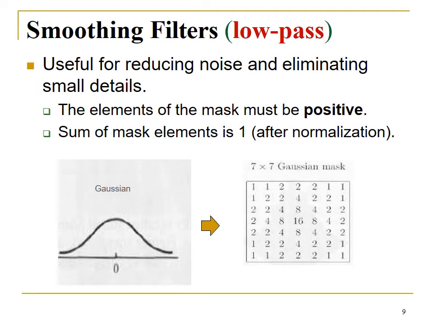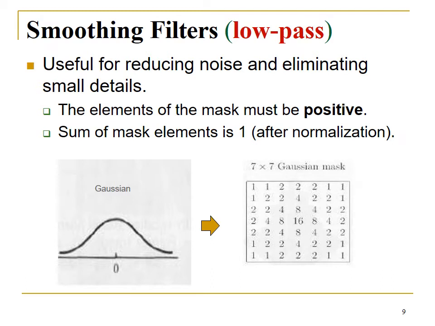A smoothing filter is used for reducing the noise as well as eliminating small details. Suppose I have captured a particular image and there is noise present in that image, then I can remove the noise and smooth the image by using this particular filter called the smoothing filter.